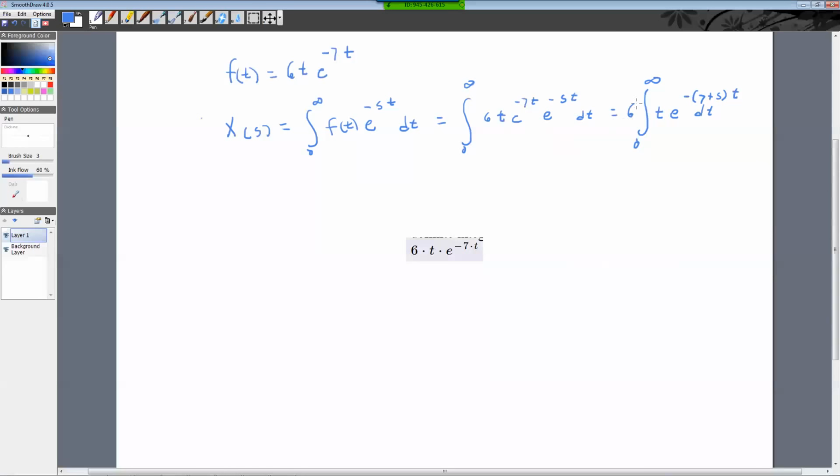So, integrations of exponentials should be easy, but we're kind of multiplying it by t, right? So does anybody remember what you have to do when you're doing that kind of integration? What the technique is, unless you just have it memorized? Does anybody want to say?